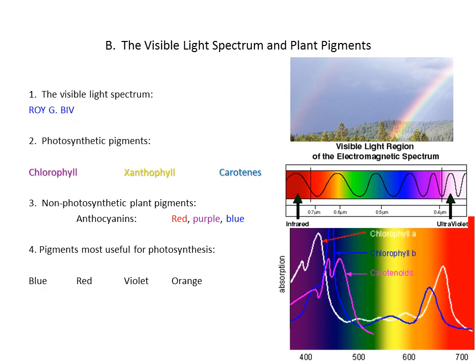You should remember Roy G. Biv from your general science education up to this point, representing red, orange, yellow, green, blue, indigo, violet. As you go into increasing levels of energy, that most energetic light up at the narrower part of the spectrum, here in the violets and blues, is what is preferentially used by the plants.